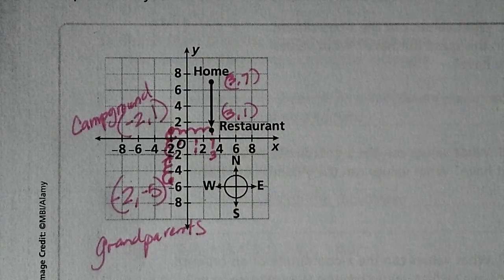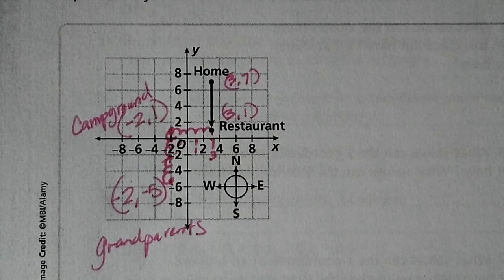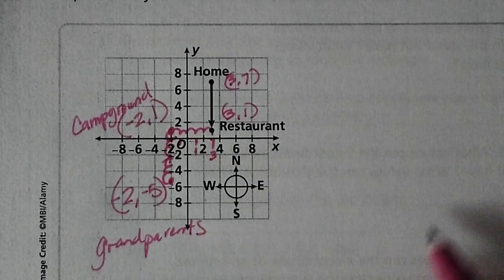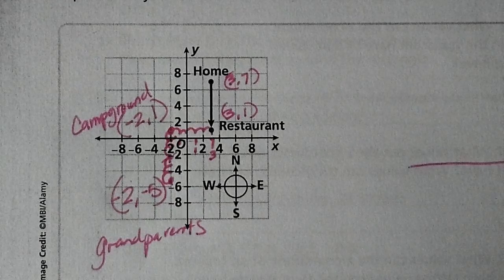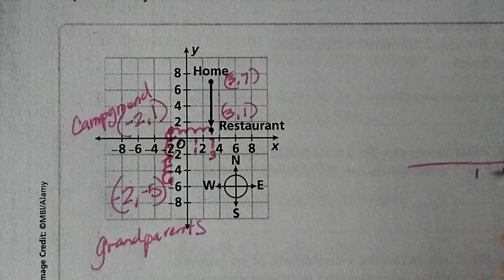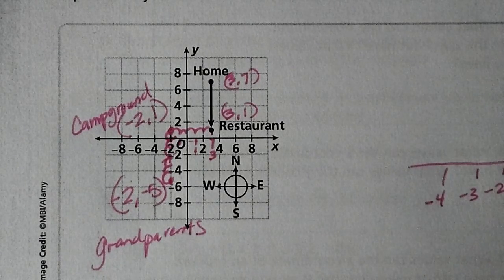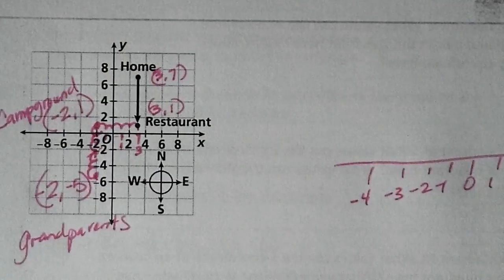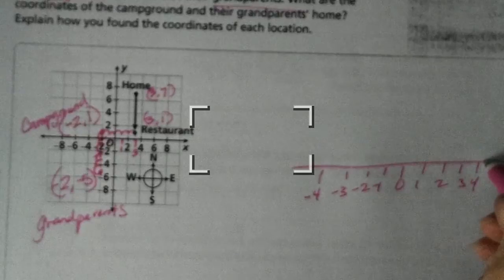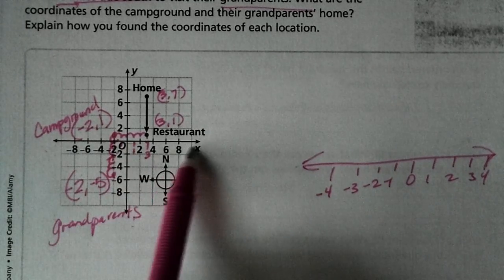All right, so the turn and talk says, explain how the coordinate grid relates to the number line that we used in Module 1. So if you remember in Mod 1, this was my number line, right? So -4, -3, -2, -1, 1, 2, 3, 4. We can't see the rest of the page. So what do you notice about this number line versus the x-axis?